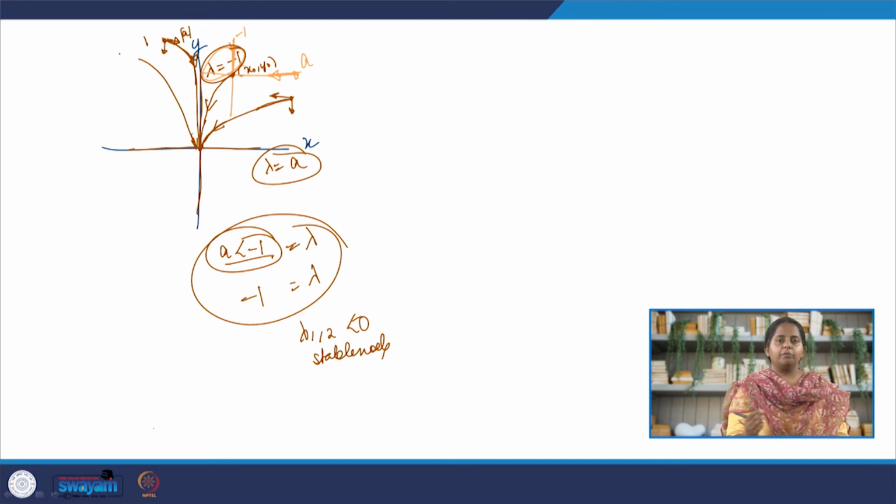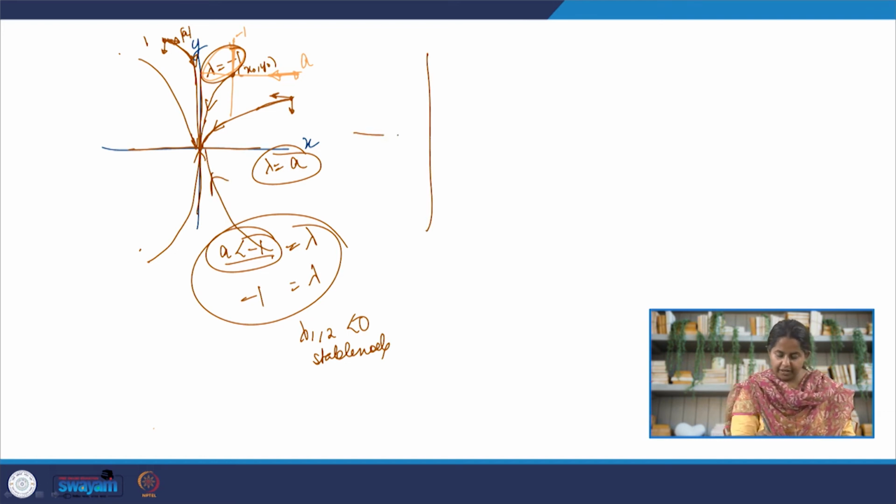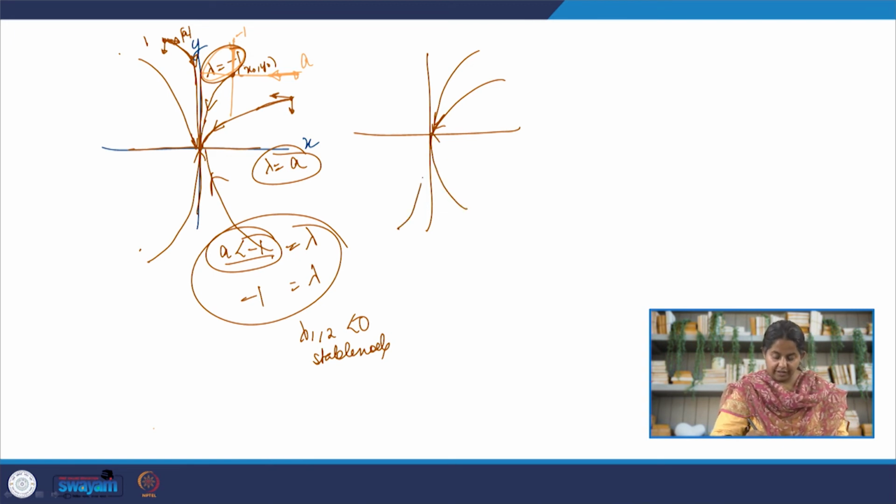The flow lines will become parallel to the y axis, and we will see similar behavior in the third quadrant and in the fourth quadrant. So, when a is less than -1, what we see is a behavior like so. All the approaching lines become parallel to the y axis.